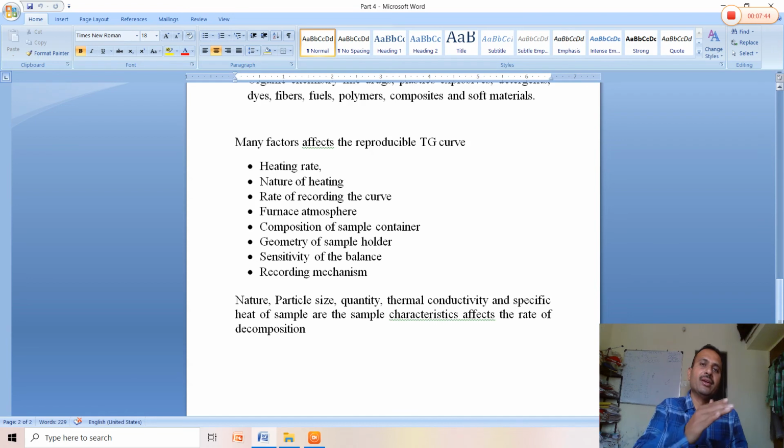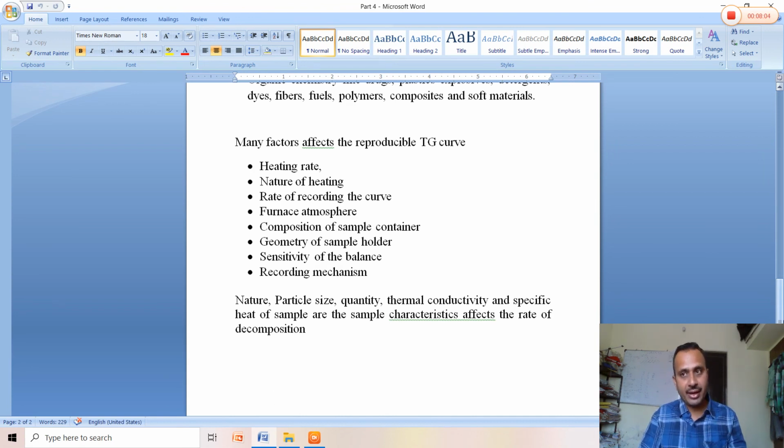The decomposition temperature is also useful in deciding the reproducibility of the TG curve.